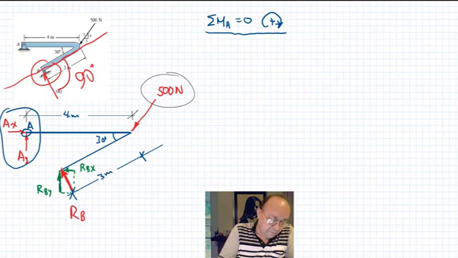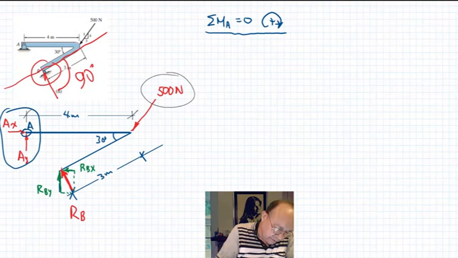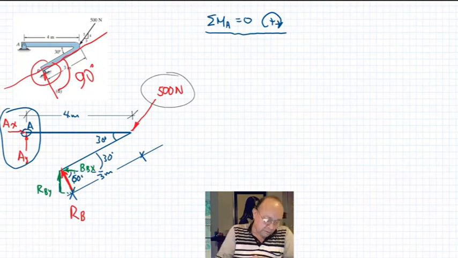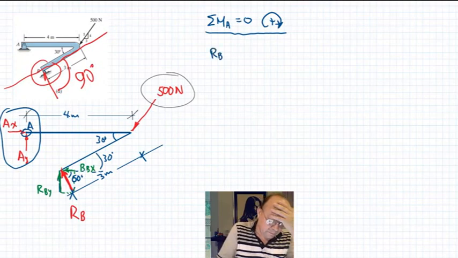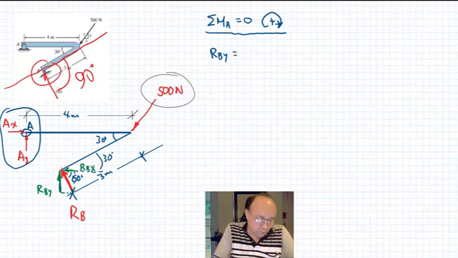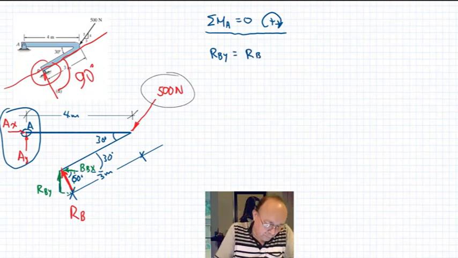So let's try. Let's see. We know that this angle here is 30 degrees. Therefore, this little angle here is 60 degrees. So the vertical component, RBY, will be equal to RB sine of 60 and RBX will be RB cosine of 60.